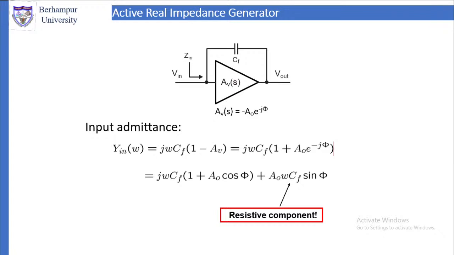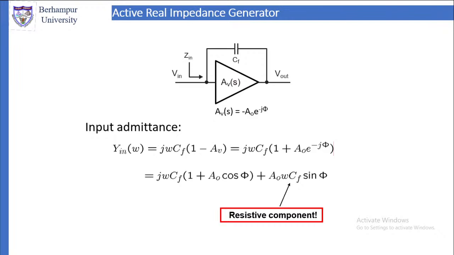Now if you look at this circuit, the input admittance Yin is equal to j omega CF, CF being the feedback capacitor, into 1 minus AV. This you are expected to know from your op-amp circuit. If you have not read it, read it. Op-amp circuit is simple.